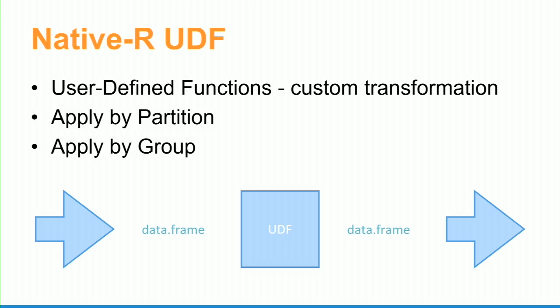You can also use the native UDF support. This is a relatively new thing. There are two approaches you can apply. And remember what we talked about gapply? You can actually do that in R as well. The idea is you take a Spark data frame, convert it into a native R data frame, pass it to your UDF, and then we expect to get back a native R data frame as well.